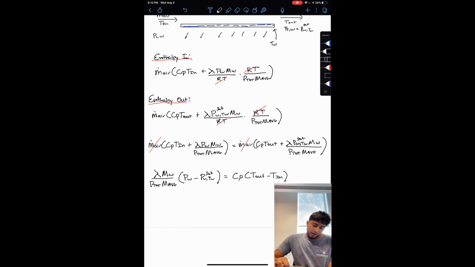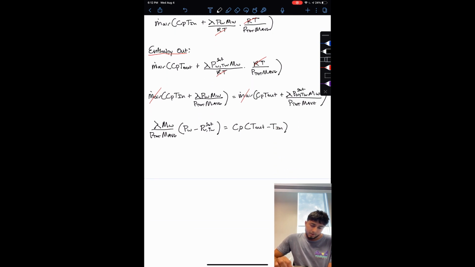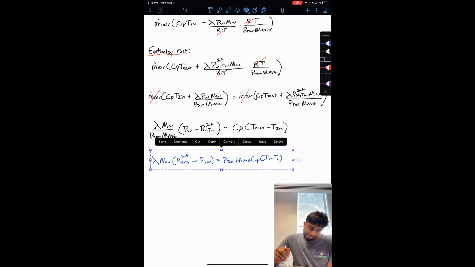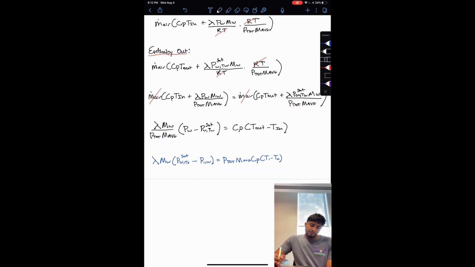So we're able to find an equation for the adiabatic saturation temperature, and we want to compare it to the wet bulb temperature that we found in the previous video. So as you can see, this is the adiabatic saturation temp, and this is the wet bulb temp.